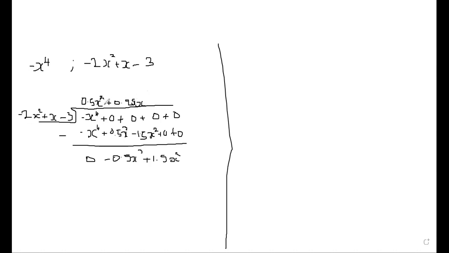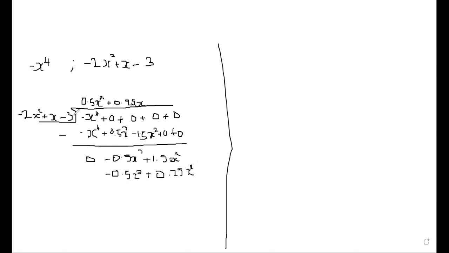So when you multiply this, 0.25 times 2 gives us 0.5. This guy, negative 0.5x to the power 3. When you multiply 0.25x times x, we would have positive 0.25x squared.